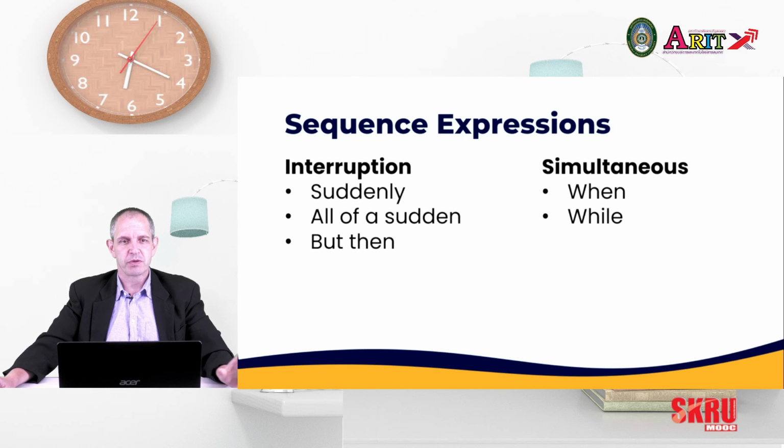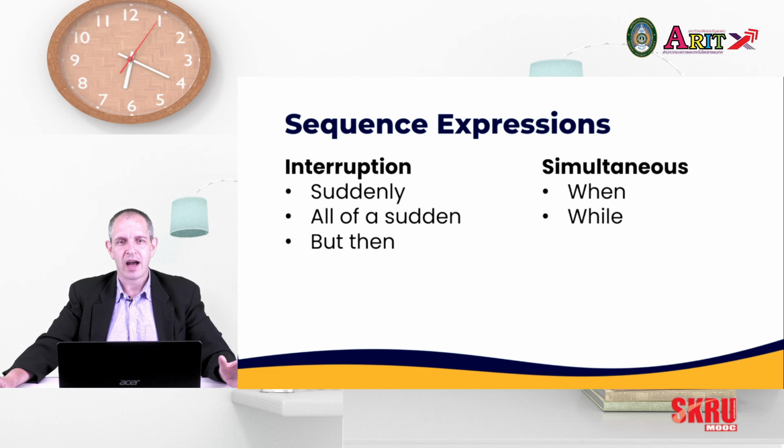Now, sometimes we show relationship in the middle between different actions. So say one action was interrupted or stopped or blocked. We use phrases like suddenly or all of a sudden, but then, to show that there's a relation and that the action was stopped.